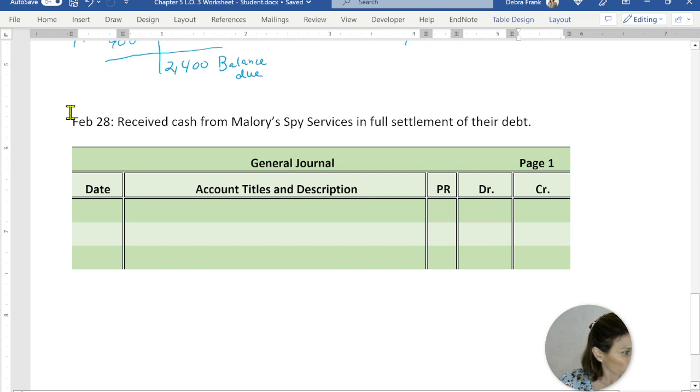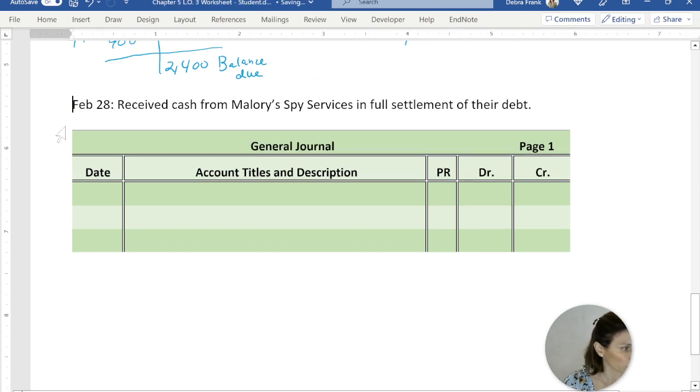So on February 28th, they received cash. Let's move that up a little bit so we have room for some T's that we maybe need to do our calculations. So we received cash from Mallory Spice Services in full settlement of their debt. So that was February 28th. Oh, and what were our credit terms? So they're saying the full amount.